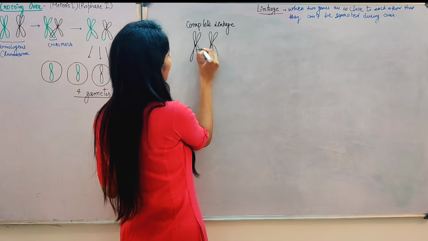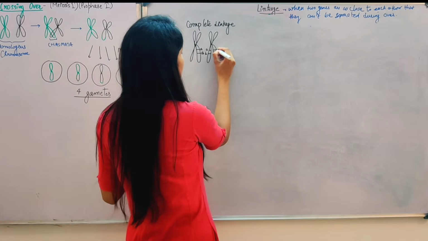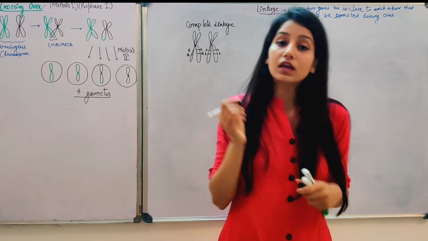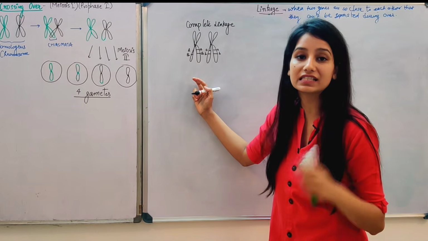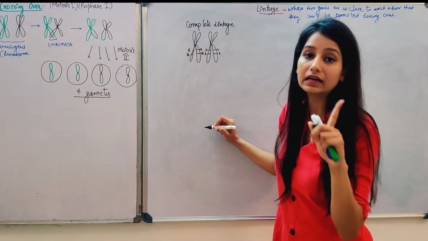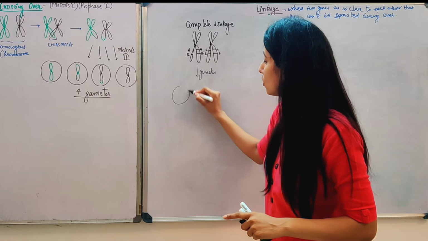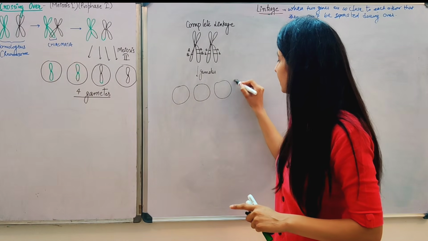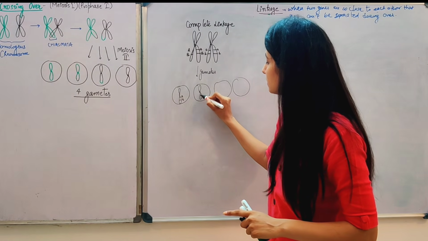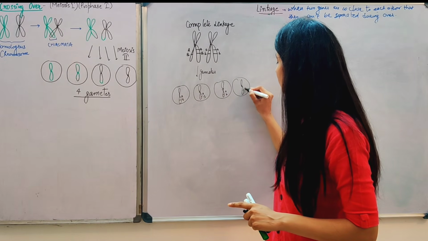If we take a homologous pair of chromosomes and take the example of AB genes, then these two genes are located so close to each other that even if the crossing over occurs, these two will not get separated, and all the gametes formed will be parent type. 4 gametes will be formed, as I have said that one homologous pair forms 4 gametes. So here: capital A, capital B, similarly capital A, capital B, small a, small b, and small a, small b.